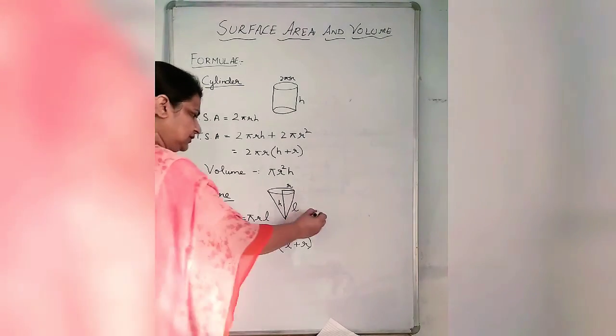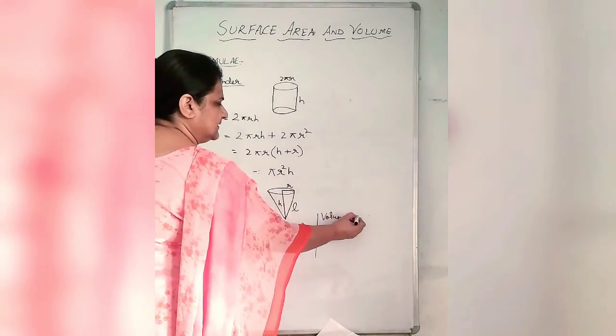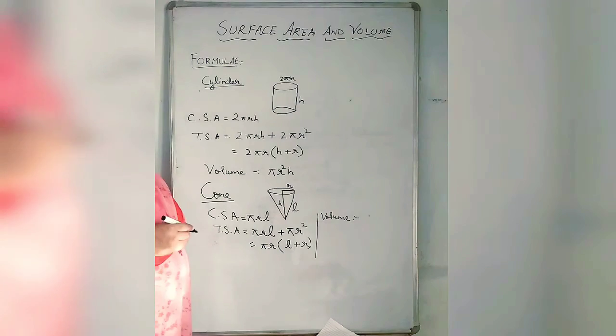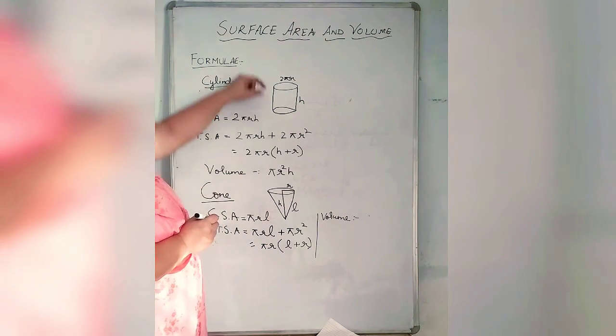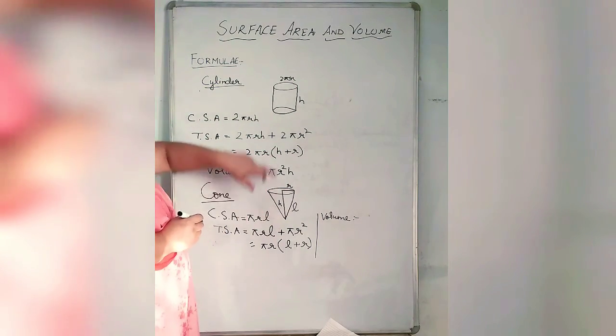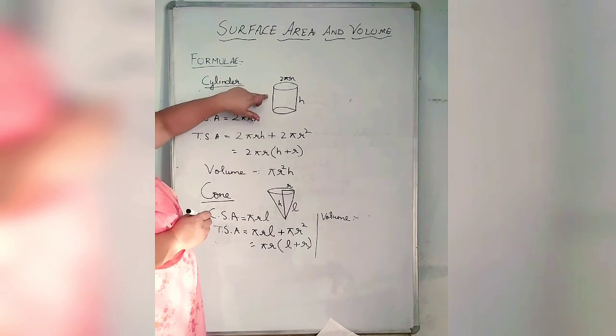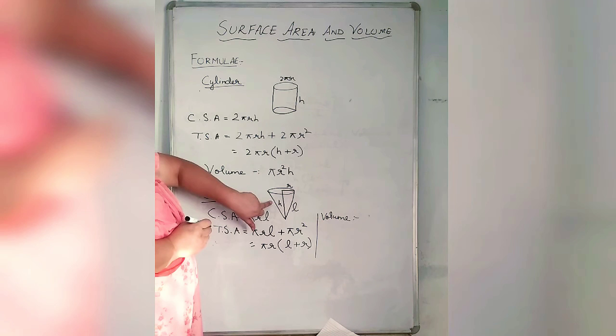Then when I talk of the volume of cone, do remember one thing. When I have a cylinder and a cone, same height, then the capacity of this cylinder equals the capacity of 3 cones.